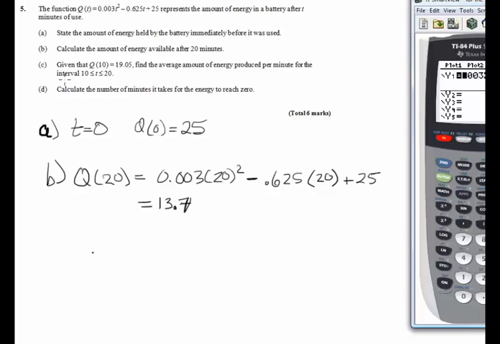Part C, given that Q of 10 is 19.5, find the average amount of energy produced per minute from the interval 10 to 20. Here's what we know: at 10 minutes it had 19, and at 20 minutes it was down to 13.